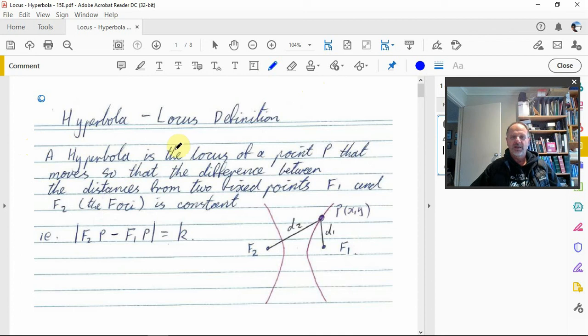Here is the locus description. A hyperbola is the locus of a point P that moves so that the difference between the distances from two fixed points, F1 and F2, the foci, is constant.